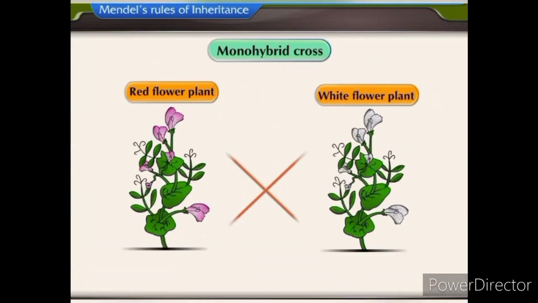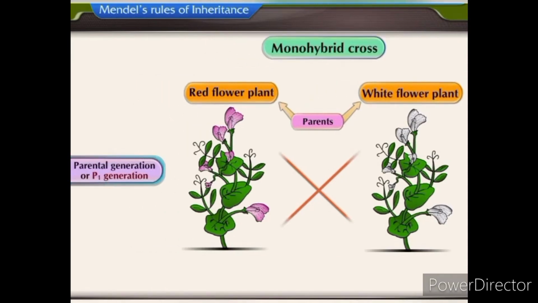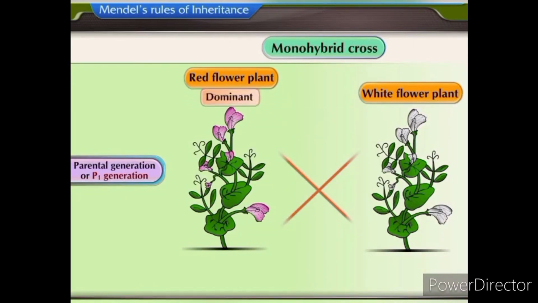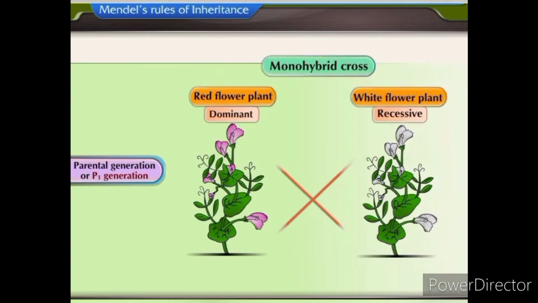Mendel selected one pea plant bearing red flowers and another pea plant bearing white flowers as parents to perform a monohybrid cross. These plants are considered to be of parental generation or P1 generation. The terms like dominant and recessive were used by Mendel for red and white flowers respectively.